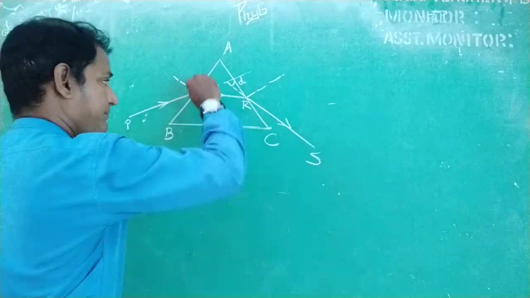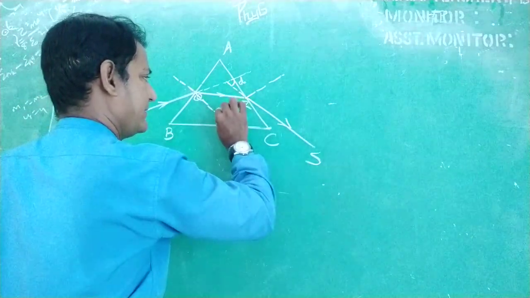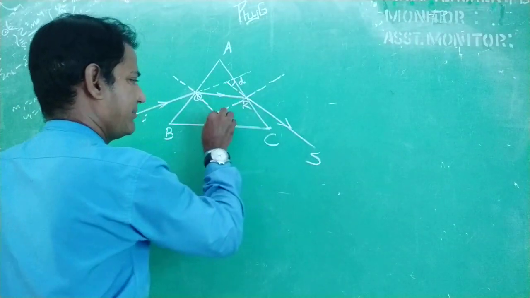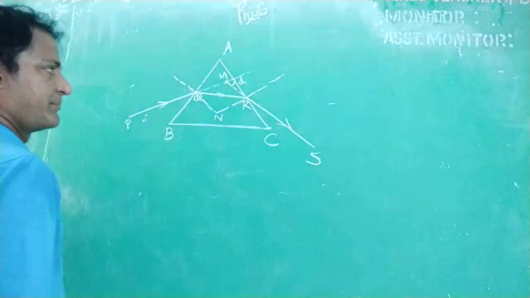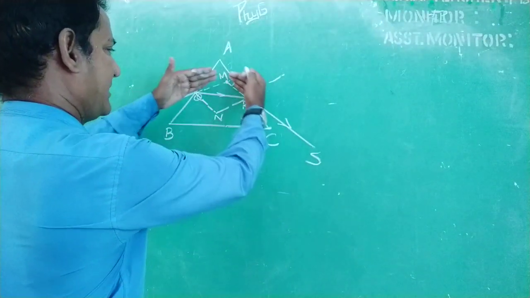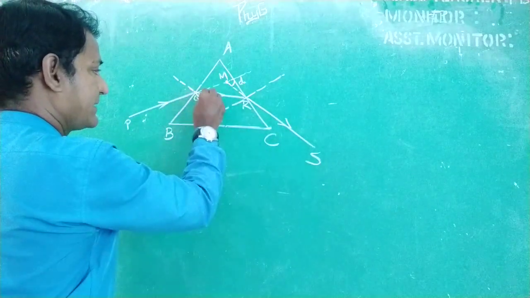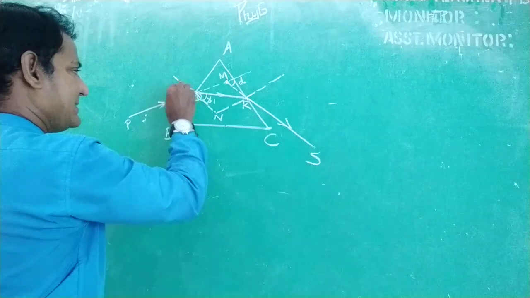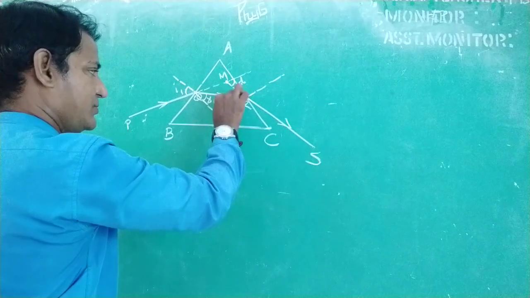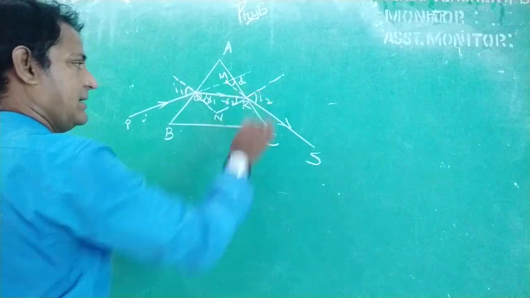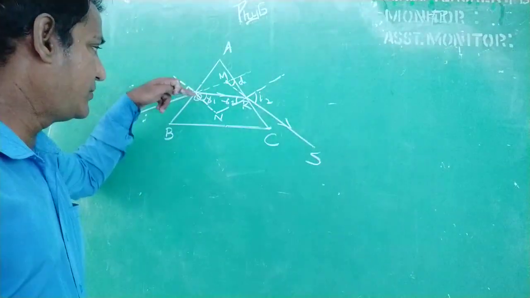Let me extend the normals, and they are made to meet at a point called N. Here this angle is I1, angle of incidence I1, and this is R1, angle of refraction R1. Here this angle is R2 and this is I2. So we got a quadrilateral AQNR.